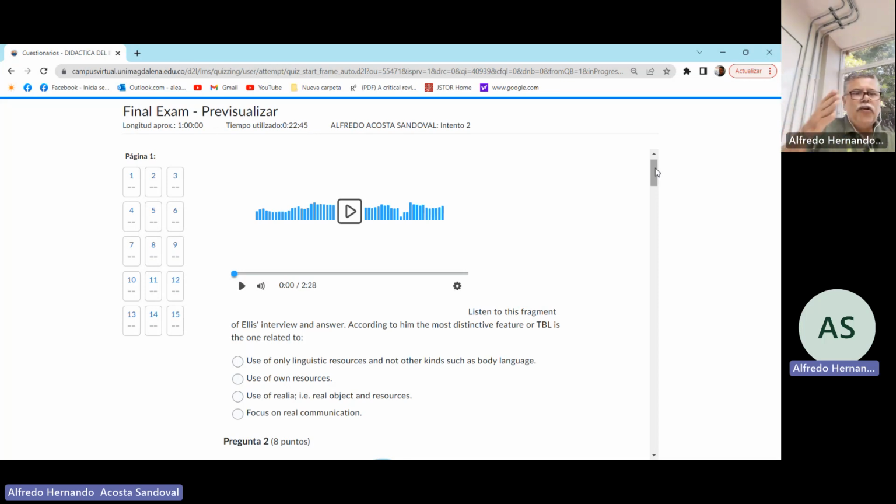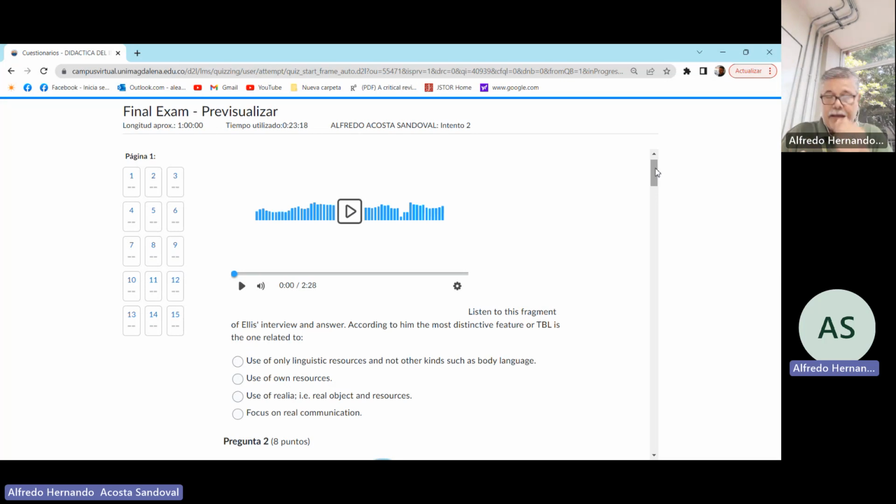And if you notice, I did not write the use of own linguistic resources, because for TBL all the resources are allowed and are part of the tools for communication. For example, one is the use of realia, which of course you can use in the classroom, in task-based learning, in problem-based learning, in project-based learning, etc. You can use realia in many other approaches or methods.